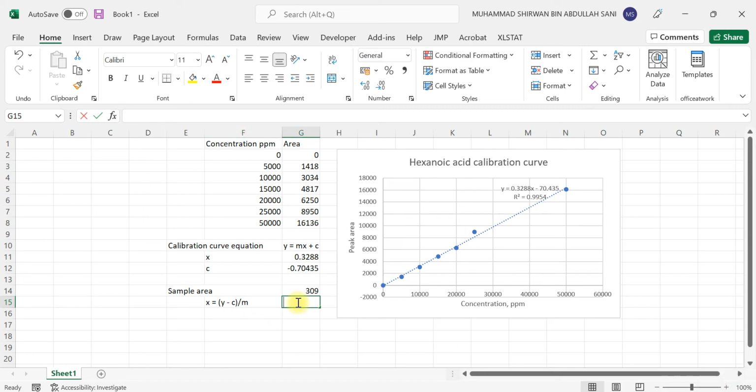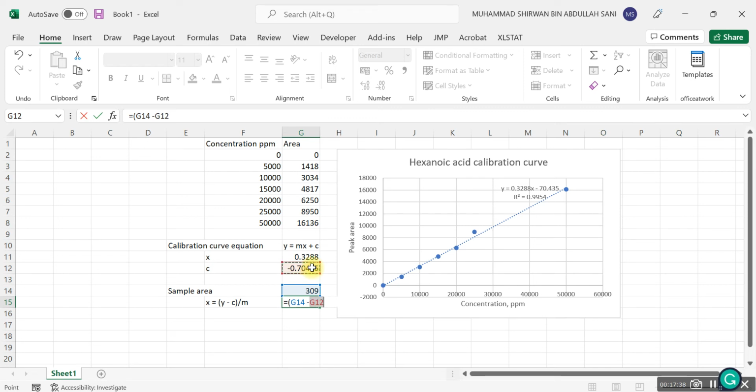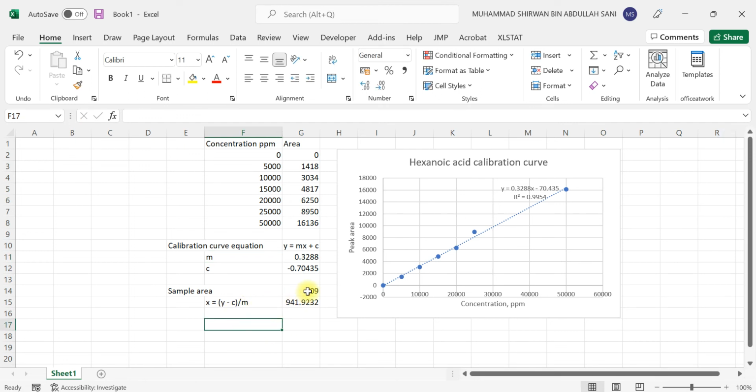Let's do it. Put this formula, go to sample area, the y is here, 309, minus c, which is this intercept, and then divide by m. Sorry, this is not m actually. M is here. So the concentration that we can get is 941 ppm.